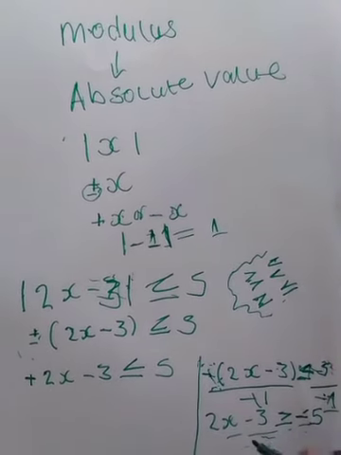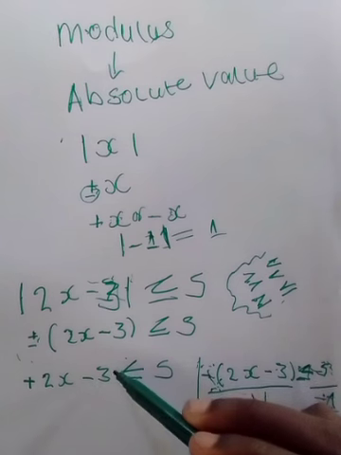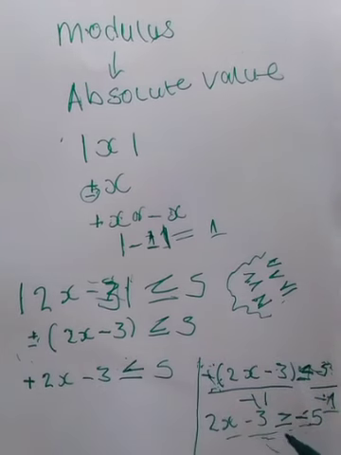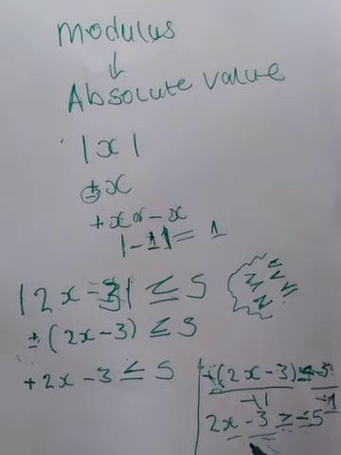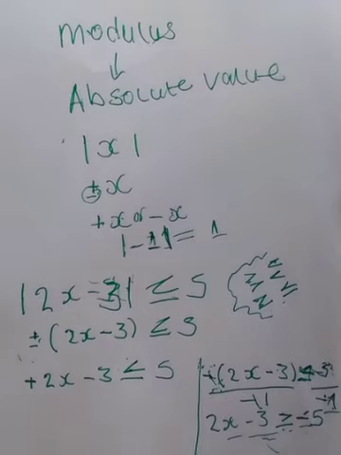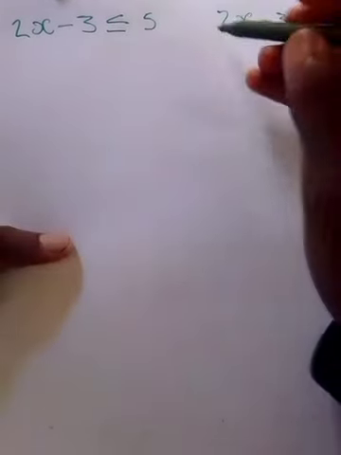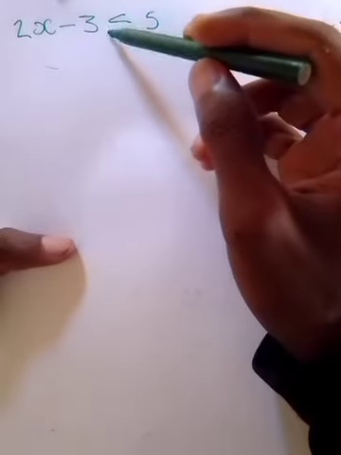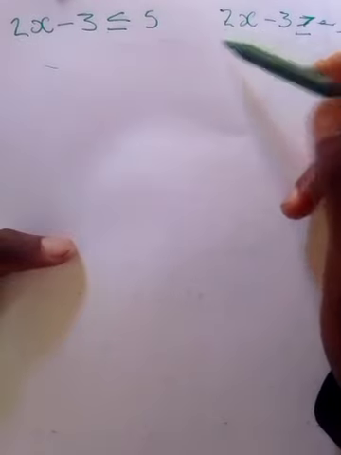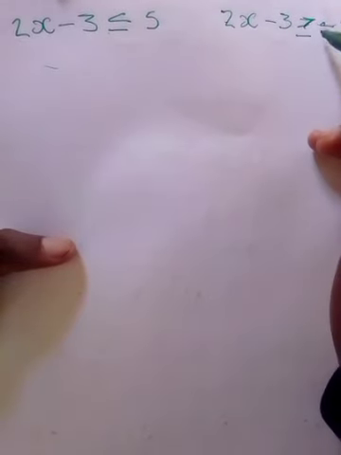So at the moment we have two equations. Let me just write them on a separate page. This was the first equation, and this is the second one after dividing through by negative 1. Now here's the secret.